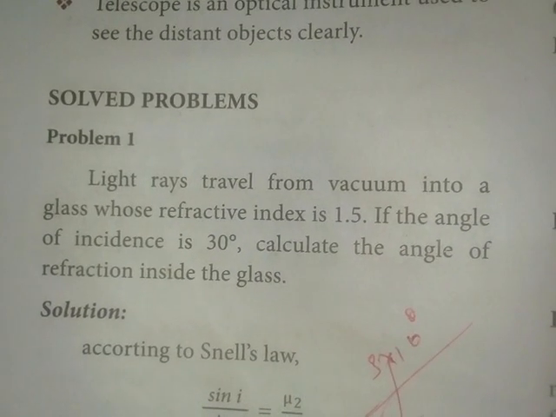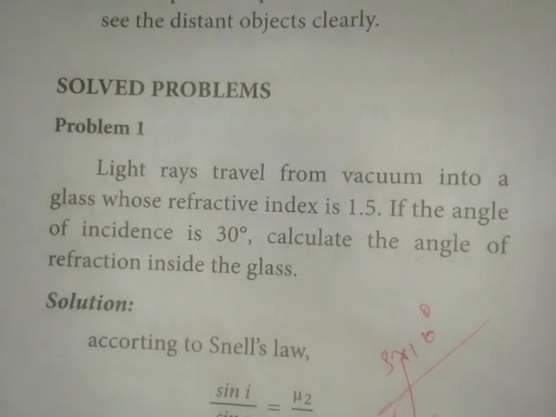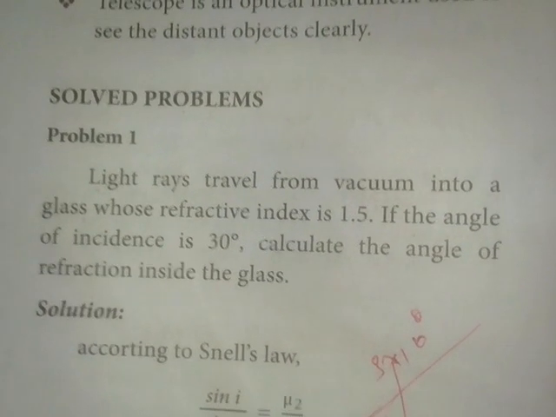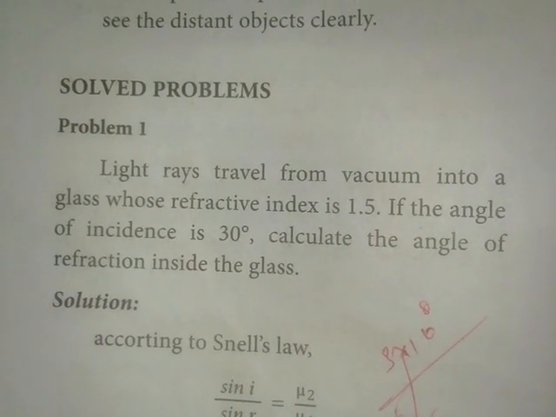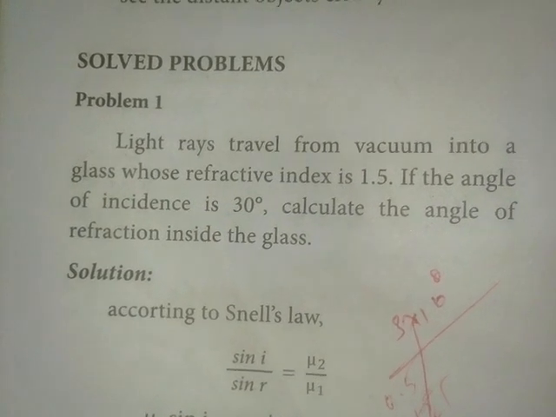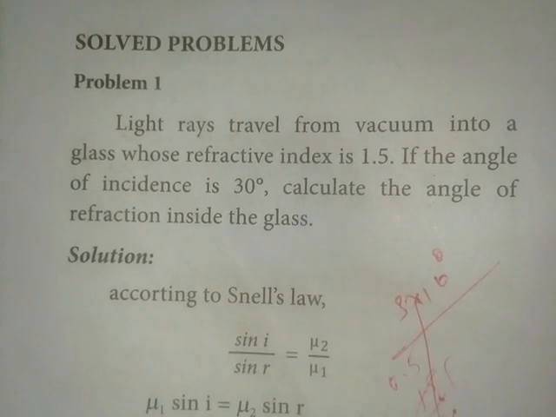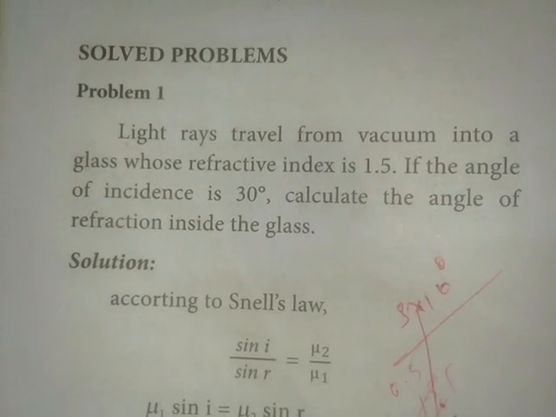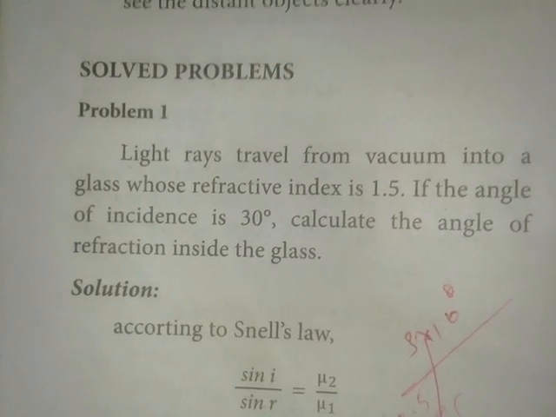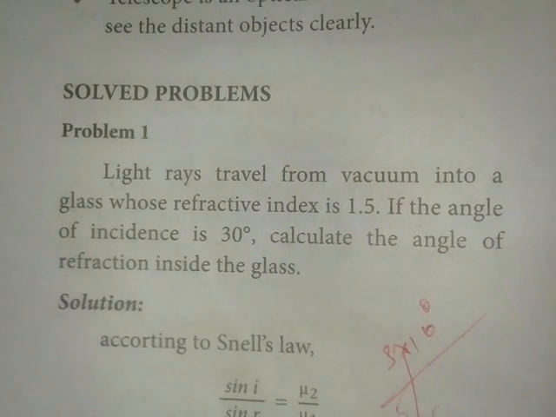Here we are using two media, one is glass medium, another one is vacuum. They have given the angle of incidence as 30 degree and the glass refractive index as 1.5.